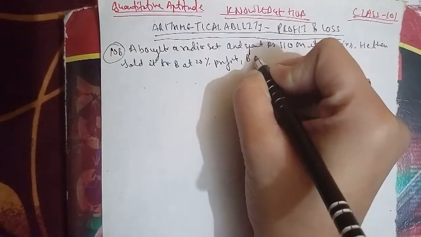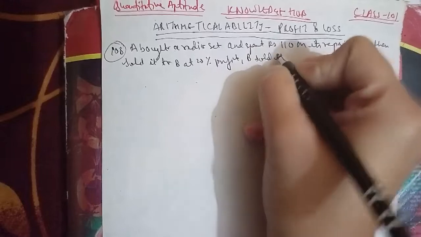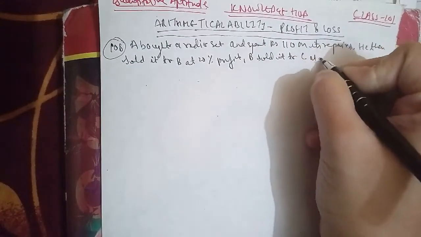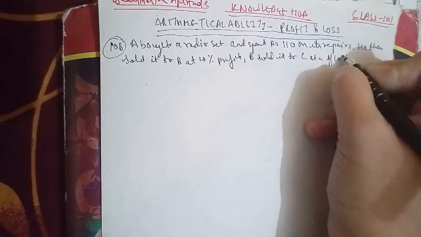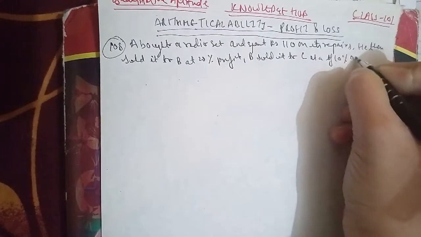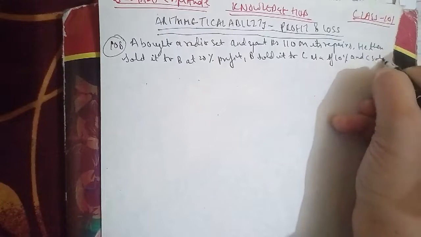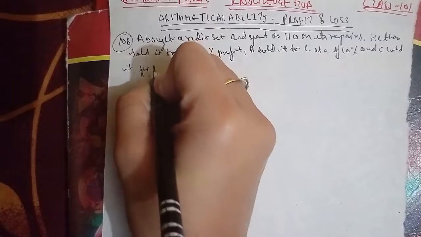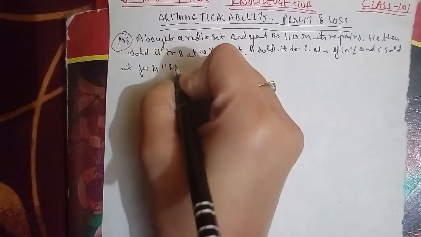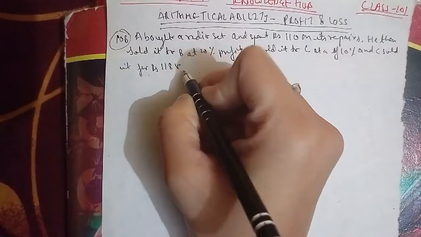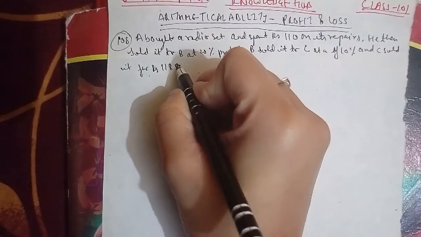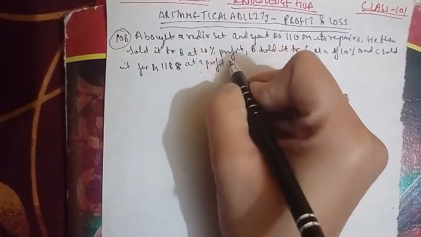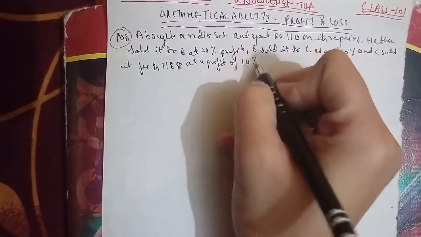B sold it to C at a loss of 10%, and C sold it for rupees 1188 at a profit of 10%.